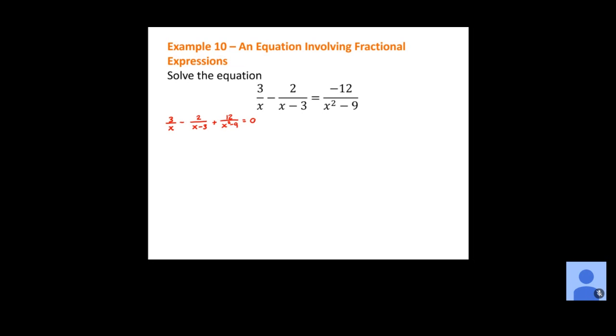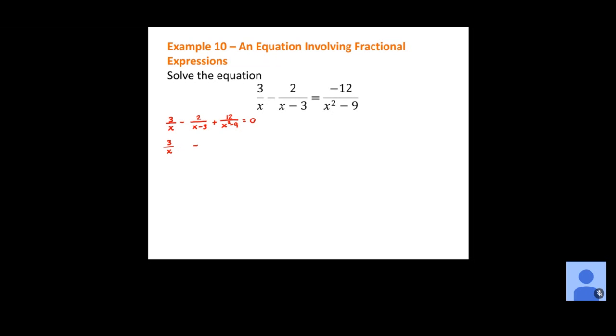Now, to be able to put these together, we need a common denominator. So first thing I'm going to do, I'm going to factor the x squared minus 9 just to see what factors I have there, and then we'll figure out what that common denominator is going to have to be. So again, this is still just 3 over x.